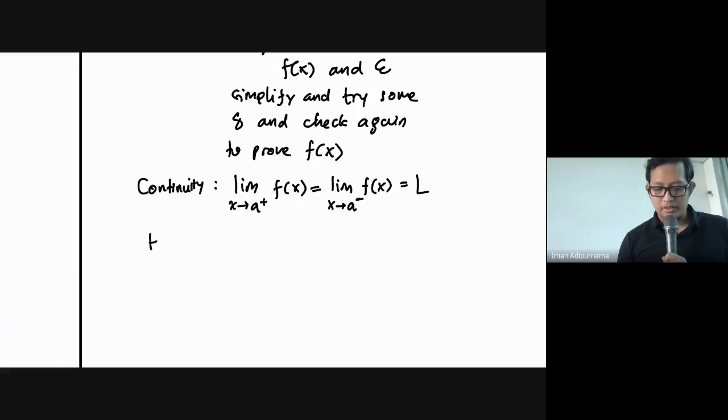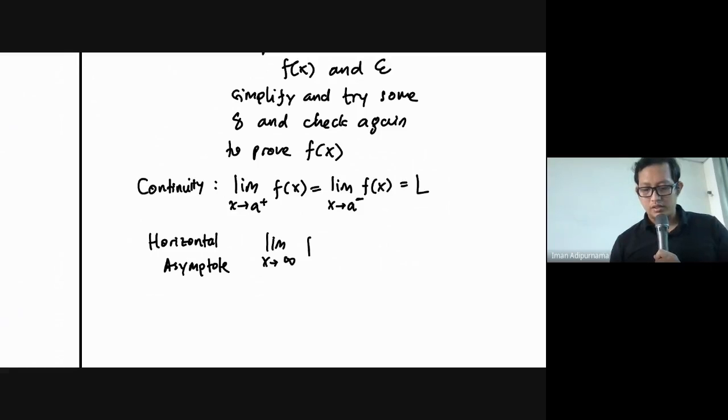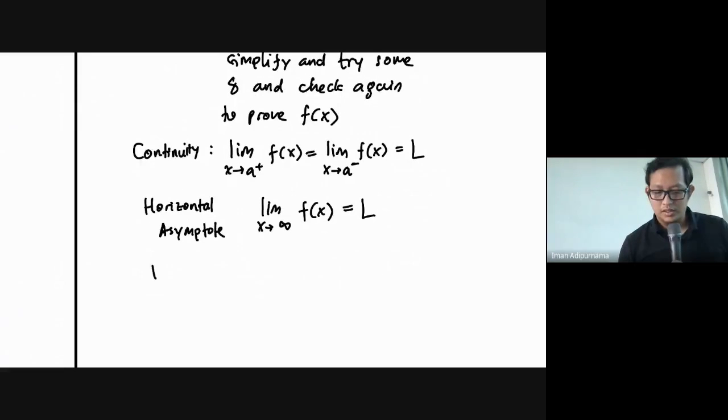And then we have the horizontal asymptote. This is when we use the limit as x approaches infinity of f(x). This results in some value, and this will be the asymptote.